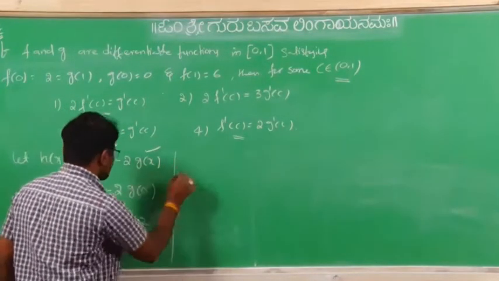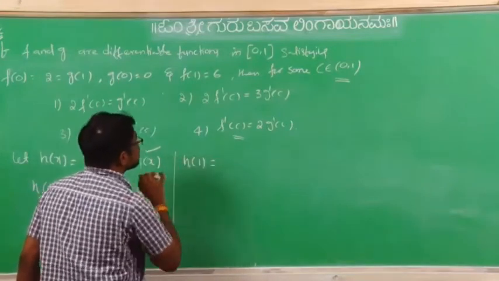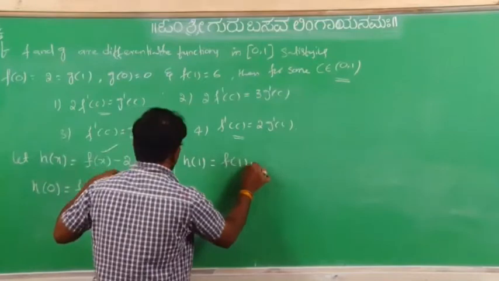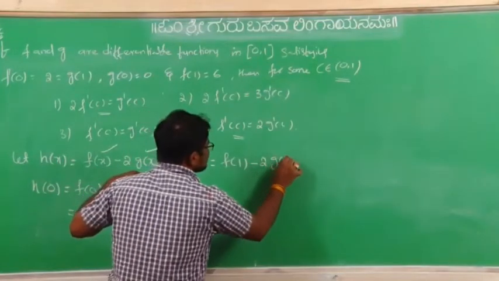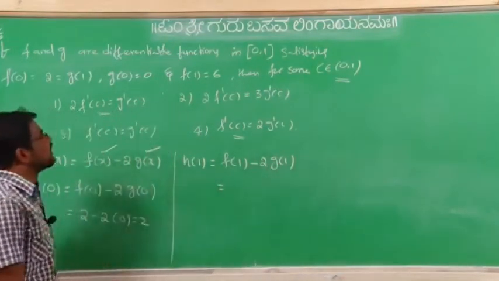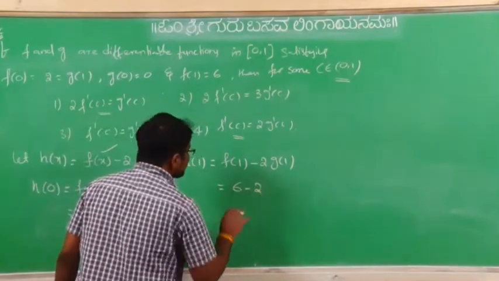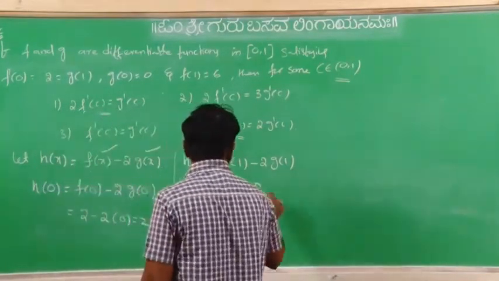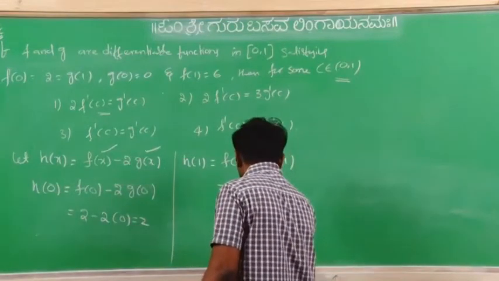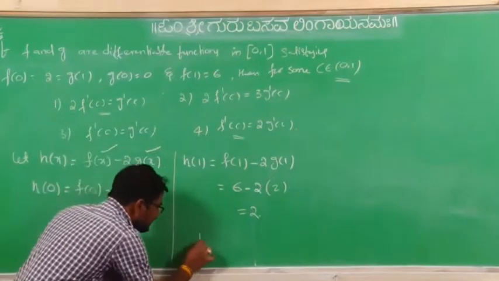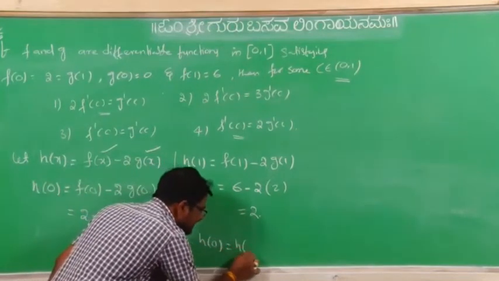Next, take the value of h of 1. H of 1 is f of 1 minus 2 into g of 1, that is 6 minus 2 into 2, which equals 2. Therefore h of 0 equals h of 1.